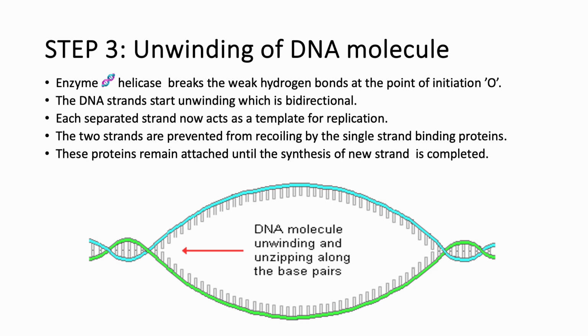As both strands are separated, both of them act as templates for the replication process. And once they are uncoiled and separated, the single strand binding proteins attach to these strands and prevent them from coiling back again until the process of replication is completed.